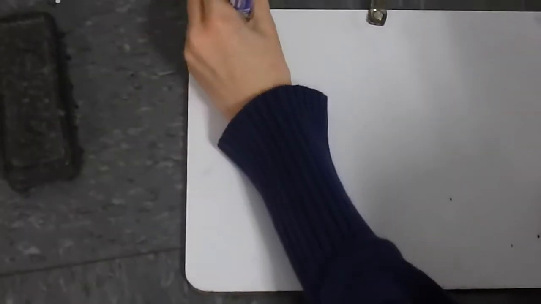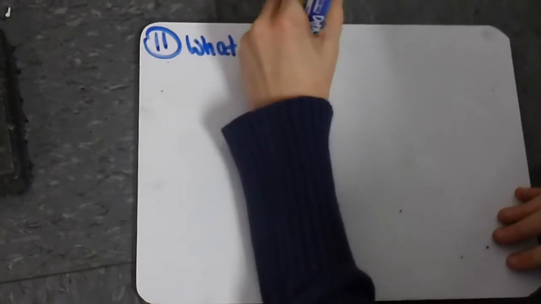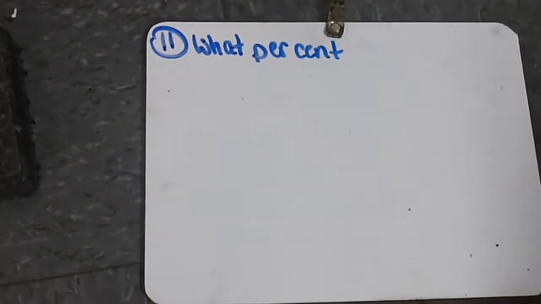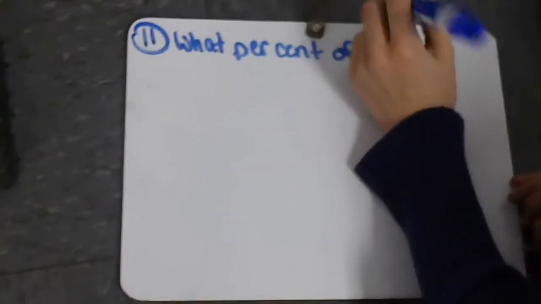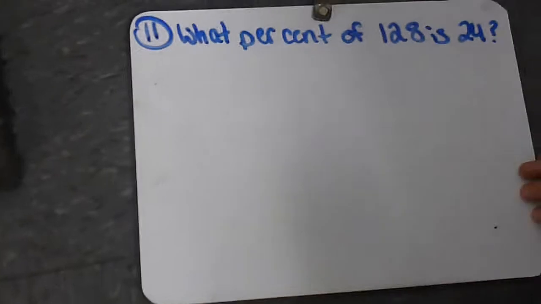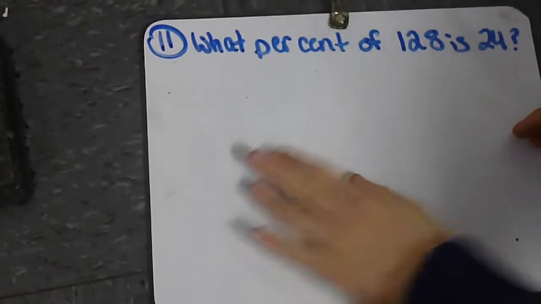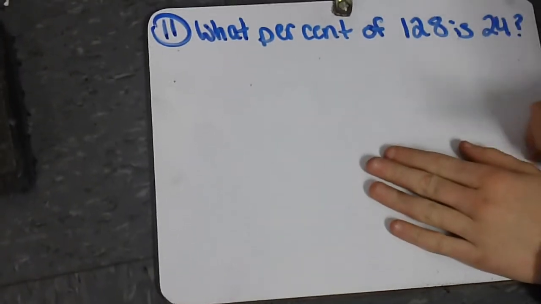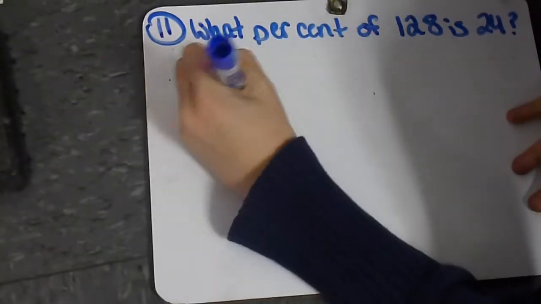Number 11 is what percent of 128 is 24? And if you know the trick that he showed us, it says what percent, so that means we don't know the percent.